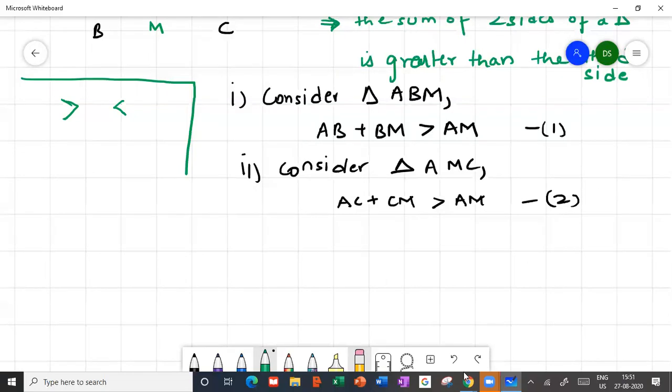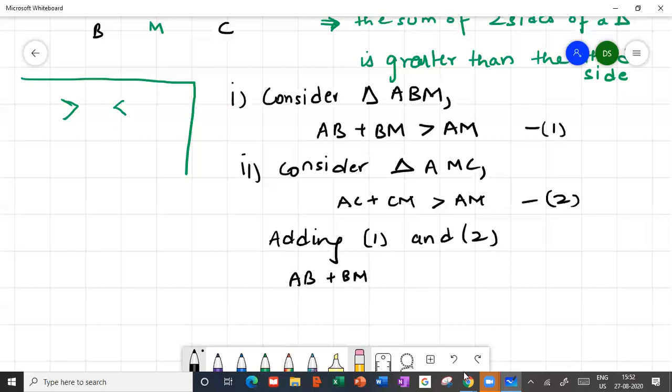So I'll say adding 1 and 2. How do I add? I'm treating it as an equal to sign, so the LHS I'll add together. Don't get freaked out if you see such an inequality sign. So AM plus AM will be 2 AM, my bad.